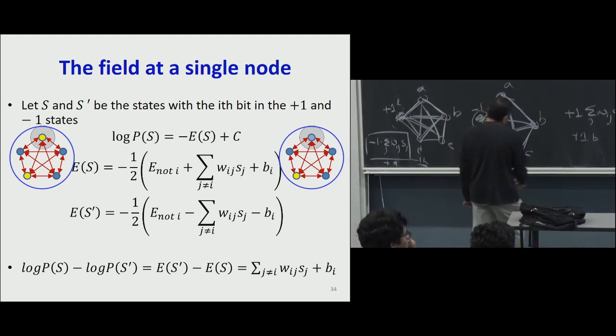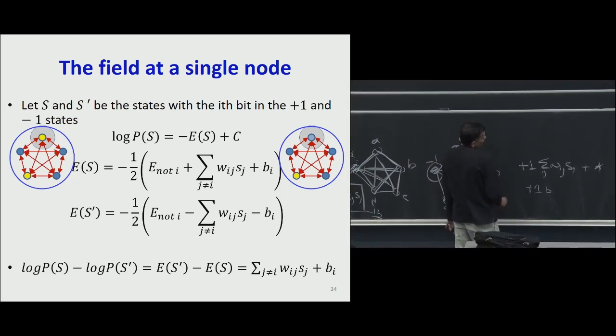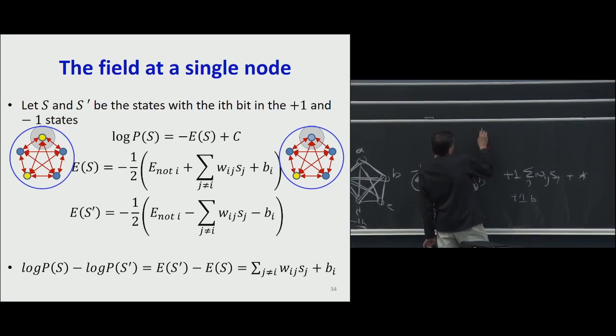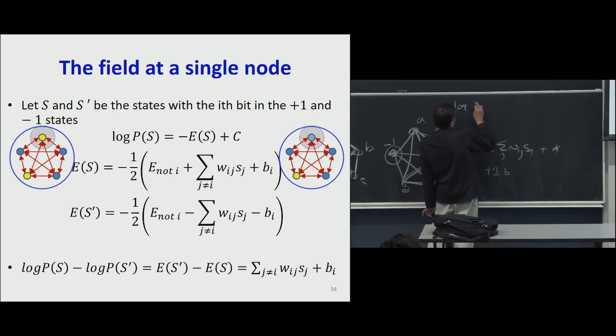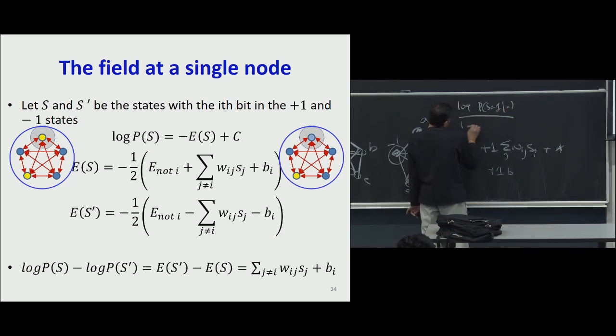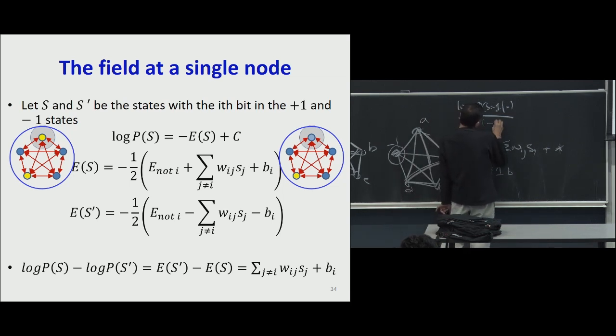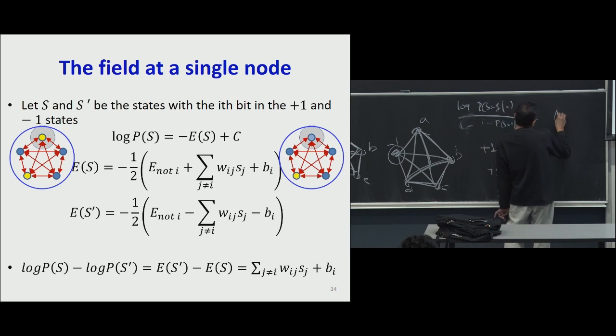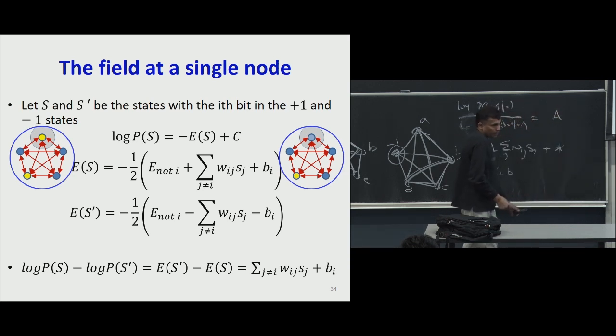But then here's what I have. This is log of p of s equals 1 given the rest of the terms, divided by 1 minus p of s equals 1 given the remaining terms, equals whatever my affine combination, a, right?